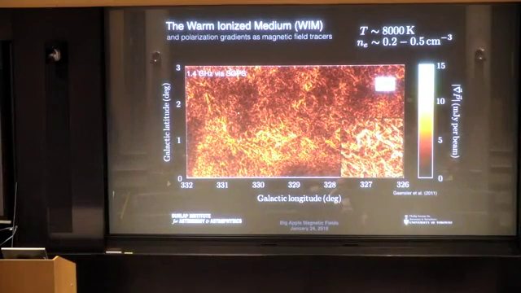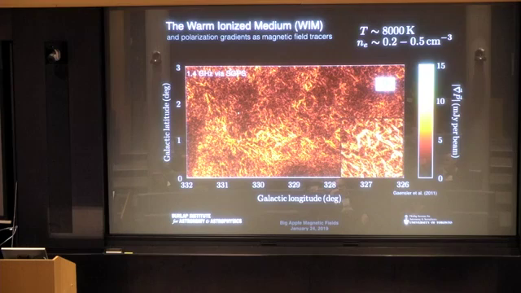So the nice thing about these polarization gradients is that they can really tell you a lot about the properties of the warm ionized medium, the magnetic field properties, and the turbulence. So here again, we're looking at the same figure as the previous slide, and you see a lot of this really beautiful structure in the polarization gradient.